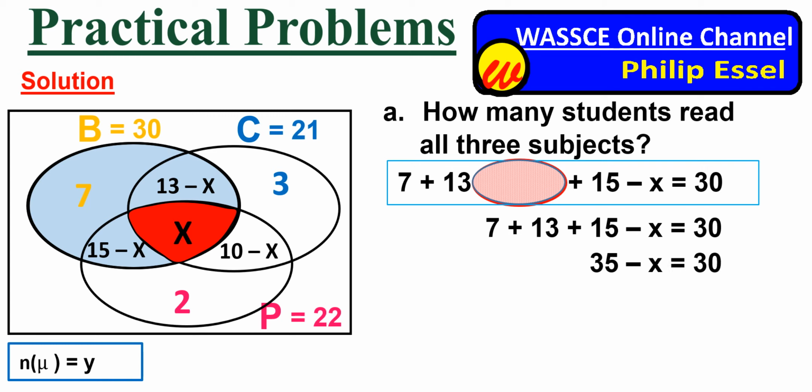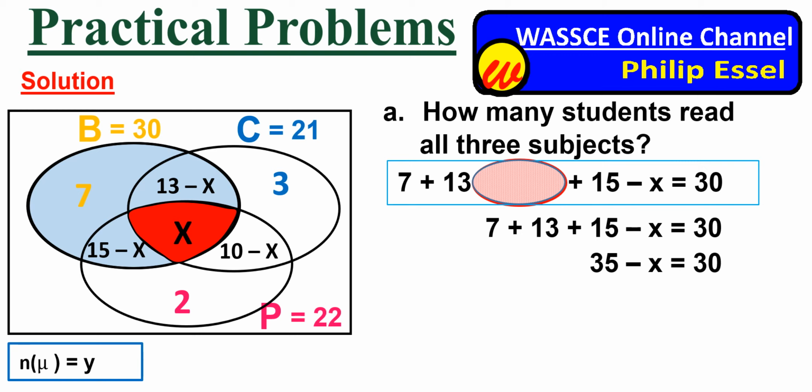So at this point, we would have to group like terms. We would have to move the negative x to the right side of the equation, and it will be positive x. We would also move the 30 to the left side of the equation, and it will be negative 30.